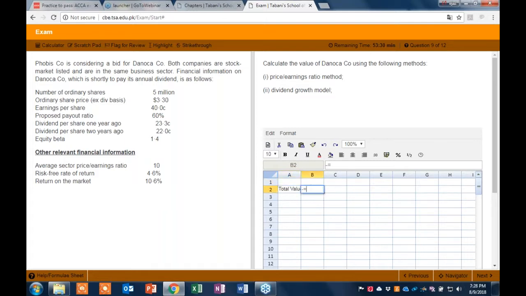Total value will be equal to earnings into PE ratio.